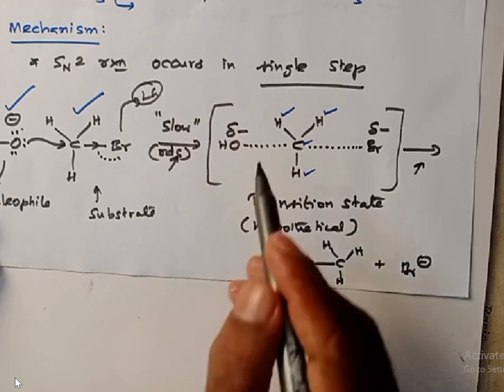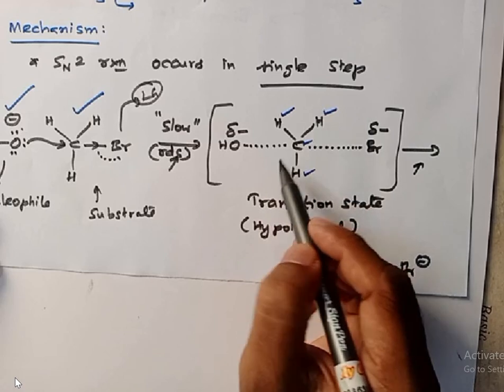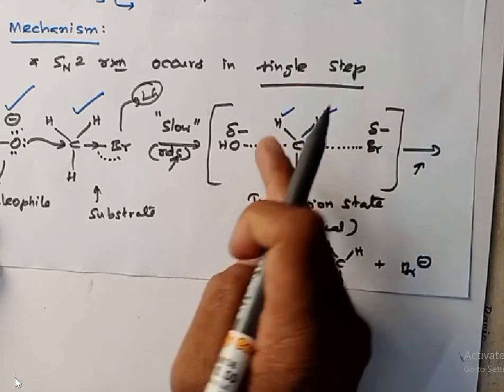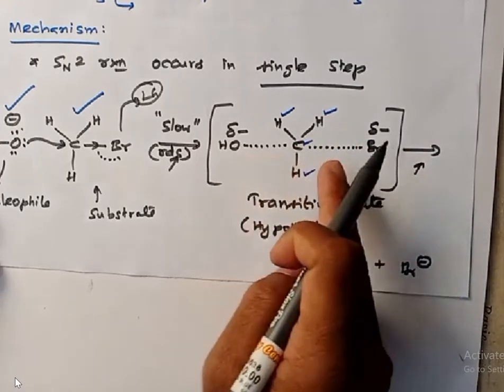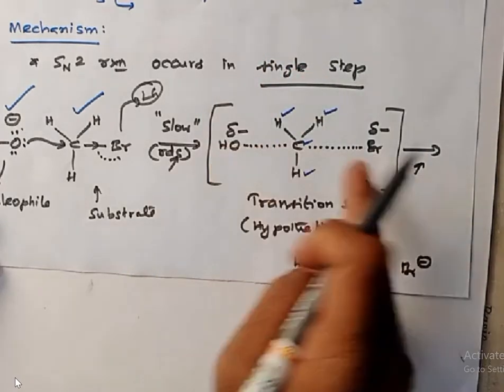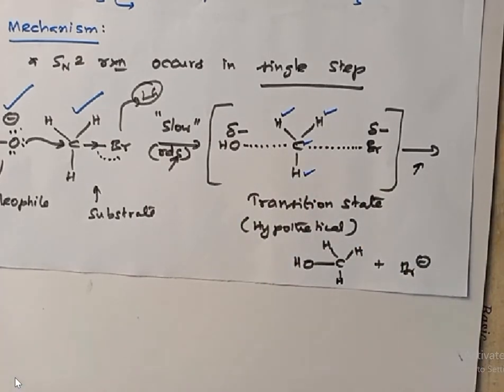I repeat, the carbon and the three hydrogens, these four atoms, are present in one plane, and these dotted lines are perpendicular to that plane, and they are exactly opposite to each other. That is the structure you should keep in mind. That's the structure of the transition state here.